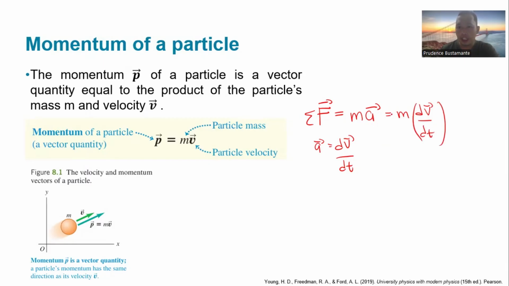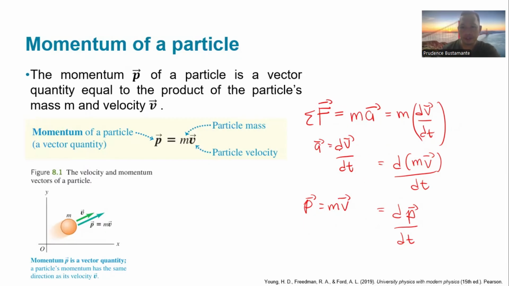We can put this m inside the derivative, so we have d of mv over dt. If we let p, small letter p, equal mv, we call that the momentum, then Newton's second law in terms of acceleration becomes Newton's second law in terms of momentum.